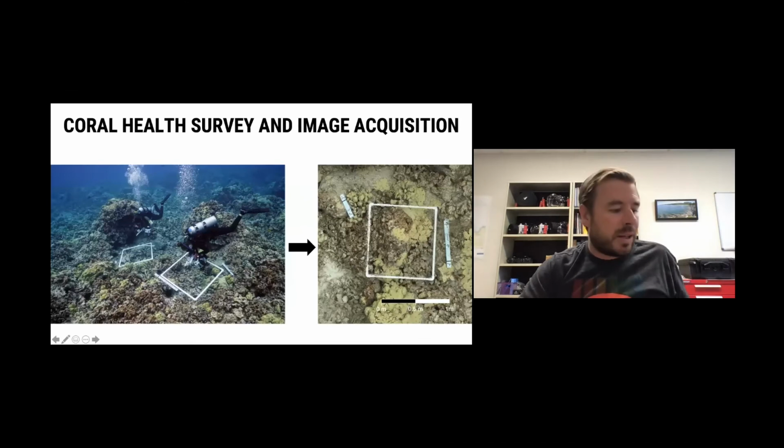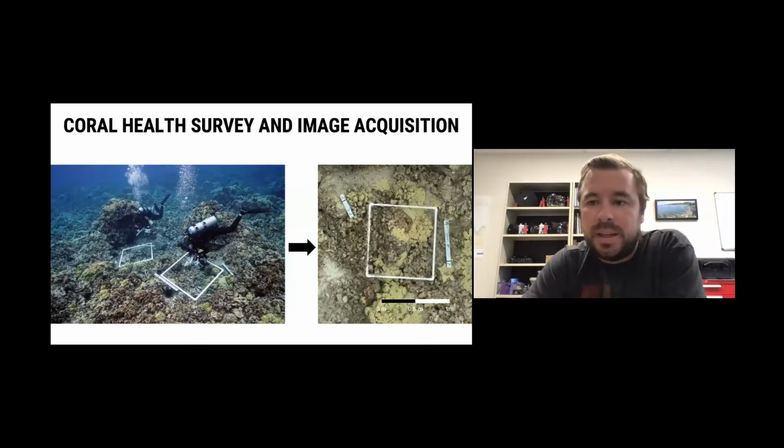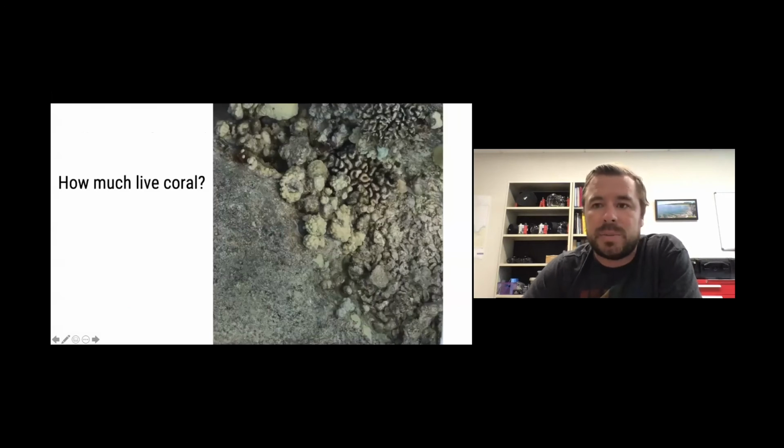So what we did, as part of an EKVI project with 10 undergraduate students here at UH in 2019, was go out and conduct standard visual surveys of corals and coral health, and then afterwards take a three-dimensional survey of that plot. So we get all the data from the human survey, and then we get a digital representation, which we then had different observers analyze strictly on computers.